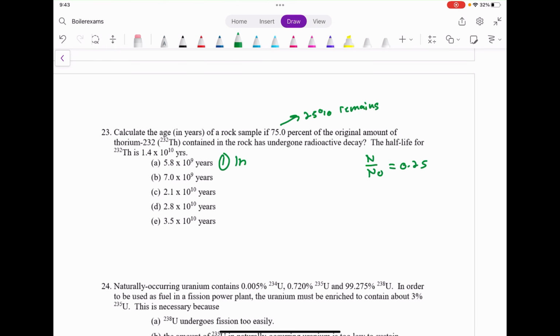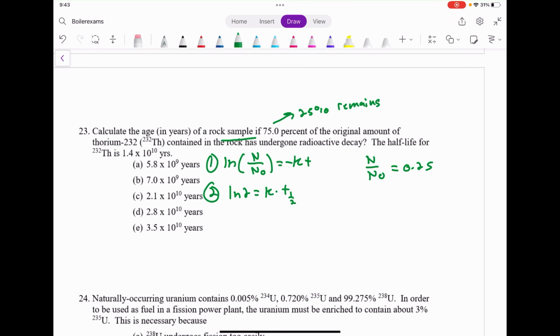Let's take a reminder of our equations. Natural log of N over N naught equals negative kt. And the natural log of 2 equals k times the half-life. Okay. So we know from reading this part right here, 75% has decayed. If 75% has decayed, we know 25% remains.